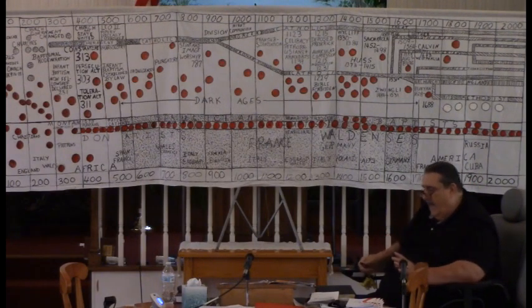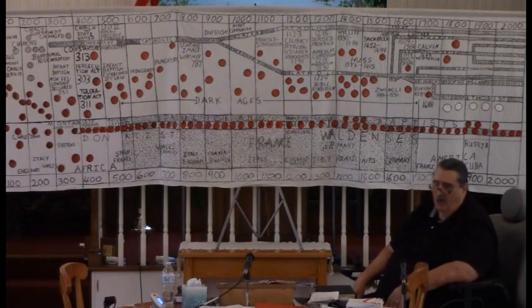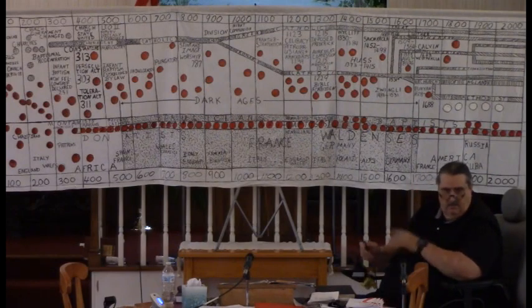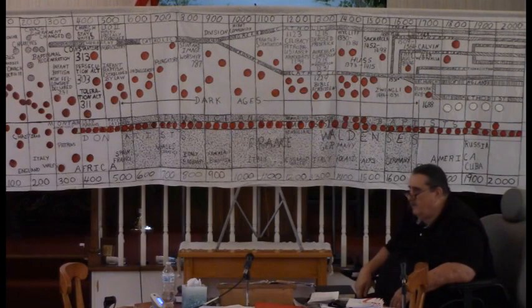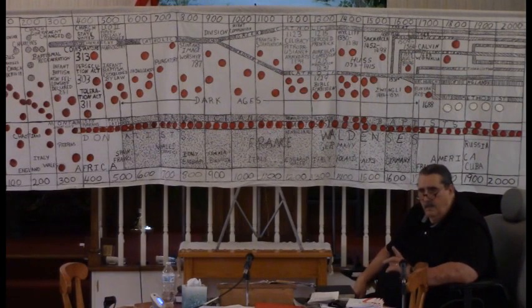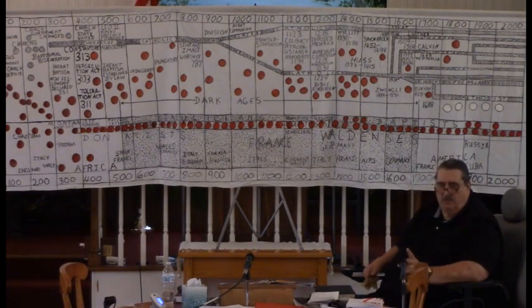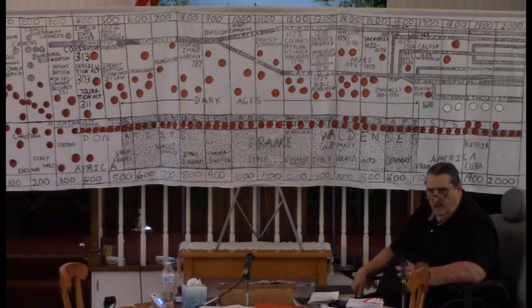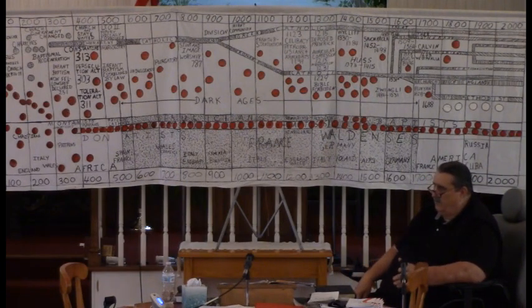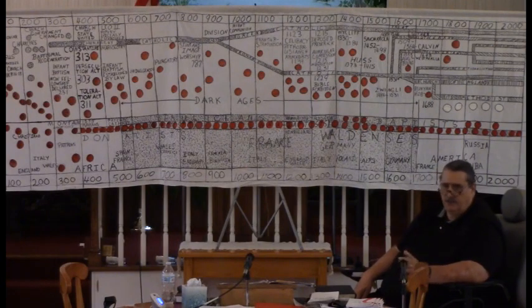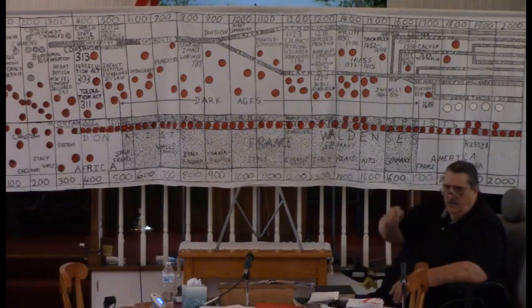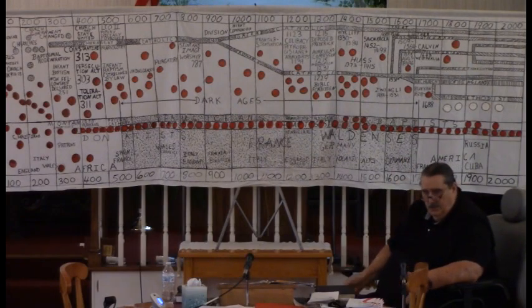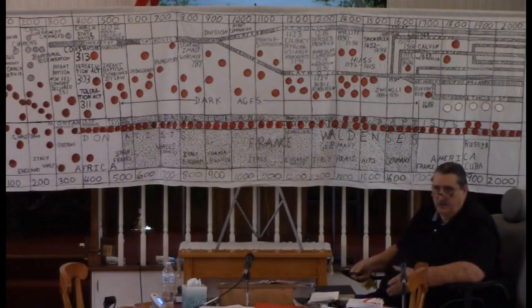Now I understand that there's some that say, oh, well, all that stuff is just accidental. By the way, if you look at a Muslim mosque, I can't say all of them because I haven't seen all of them, but the majority of them that you see, they've got their symbol on the top of their mosque, just like most other churches have their symbol.